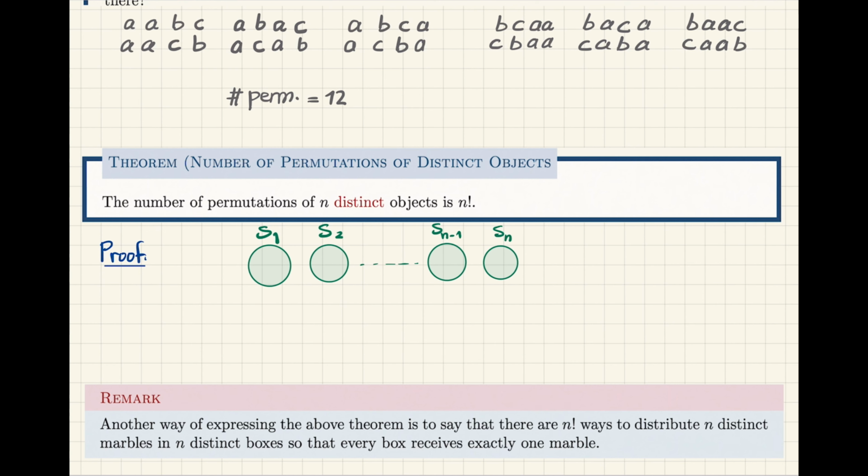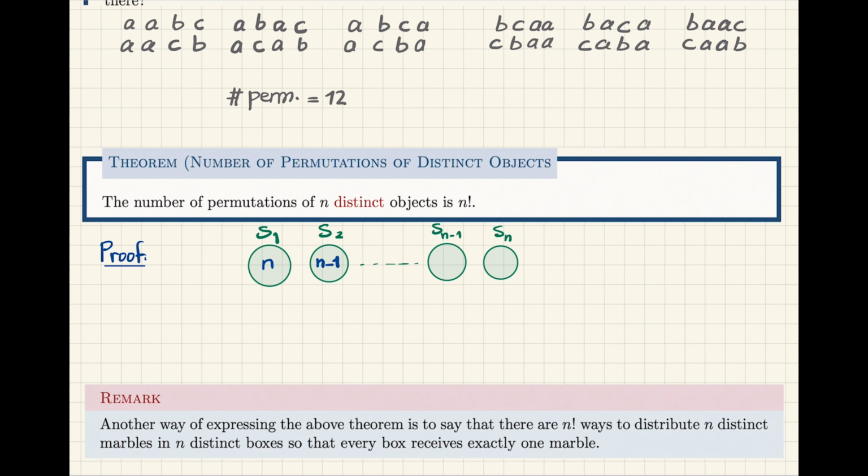So in how many ways can I choose one item for the first position? I have n distinct objects, so I have n options and I can write n there. But now I use one of them. For the second stage, I will have n minus 1 options available, independent of the choice that I have made in the first stage.